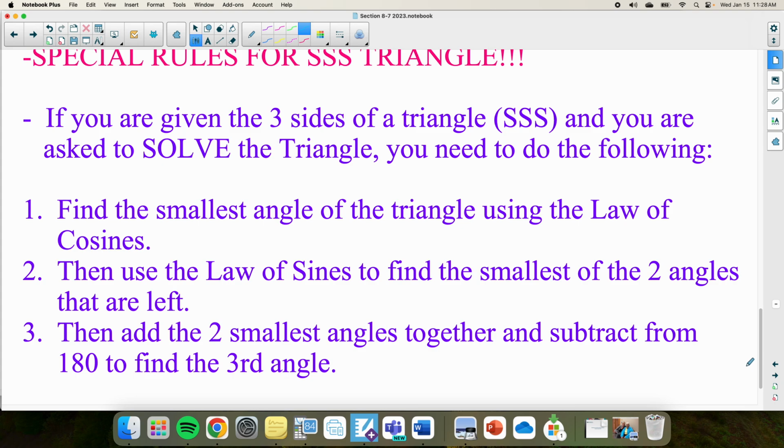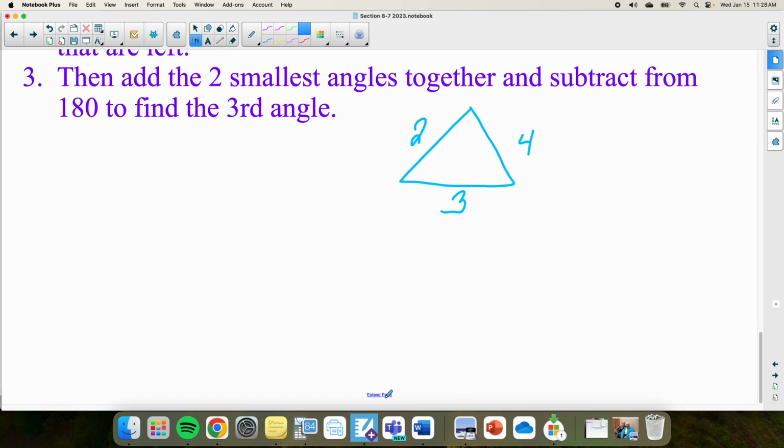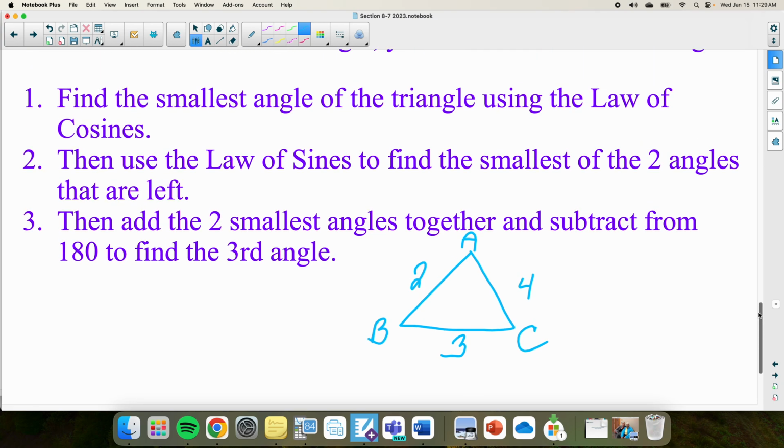What you have to start with when you're finding the 3 angles is the smallest angle first. If I gave you guys this, which angle do you think would be the smallest? C. How do you know that? It's across from the smallest side. So you have to find angle C first.